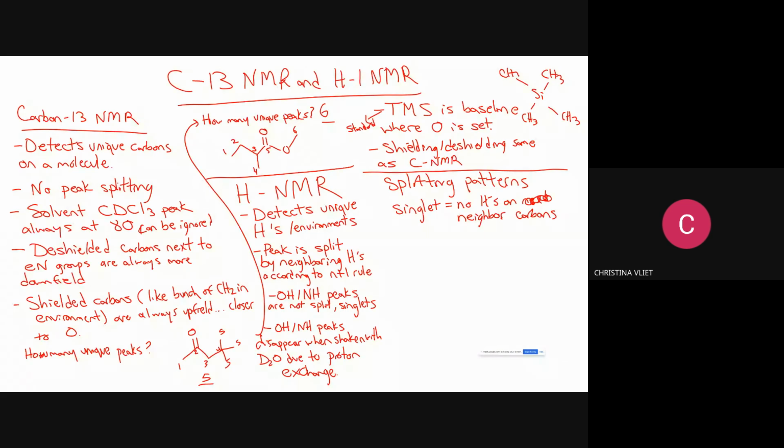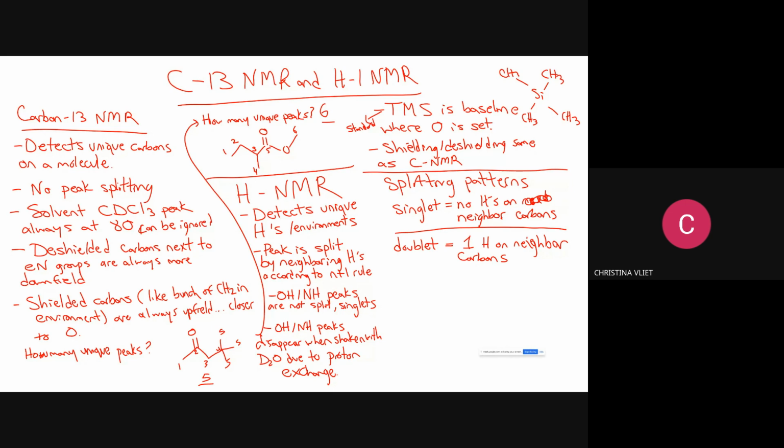What does doublet mean? You see a doublet. That means that there are how many hydrogens on your next door carbon? 1 hydrogen on next door carbon or neighbor carbon. 1 hydrogen in total.